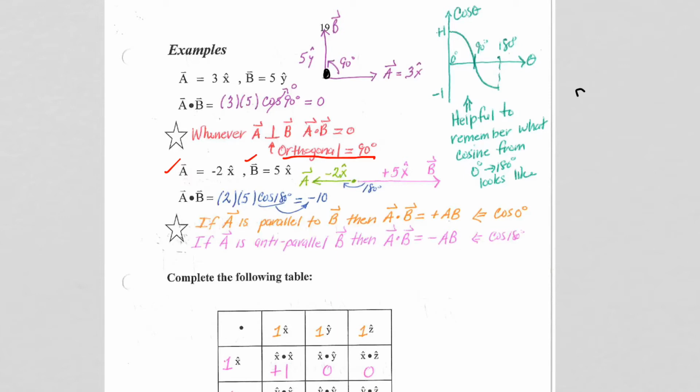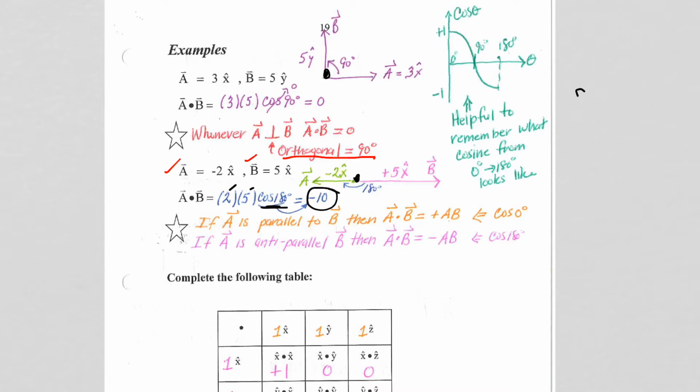We are machines. We draw them from a common origin. We take magnitude of the first, magnitude of the second, cosine of the angle between the two, in this case 180, negative 1. So when we have vectors that point in opposite directions, we will always just get the multiplication of the two numbers, and it will be negative.